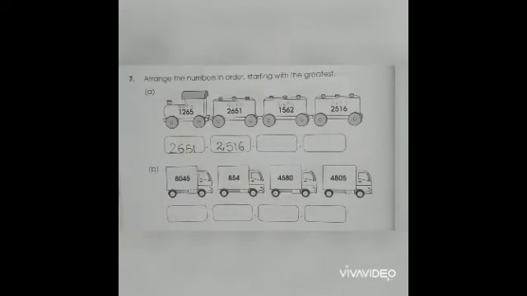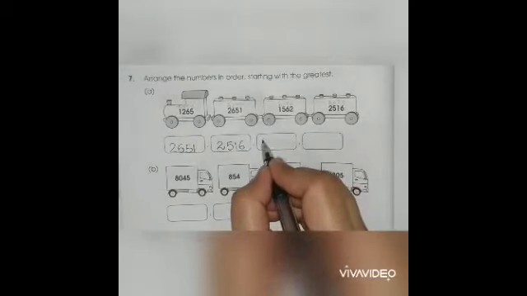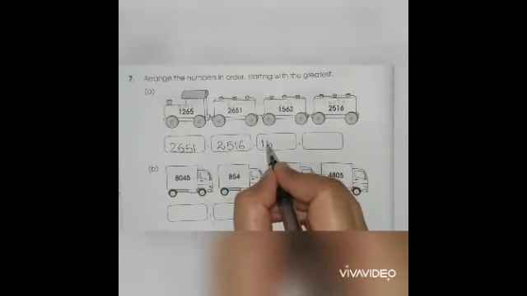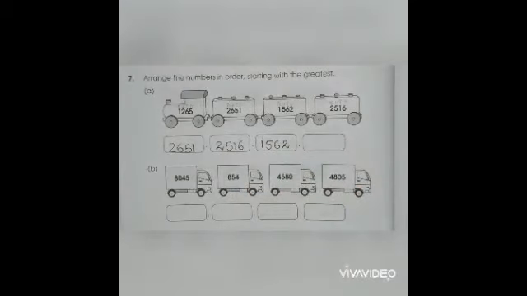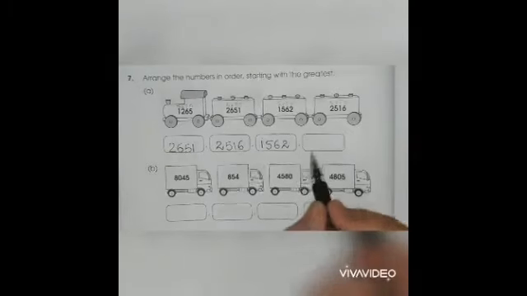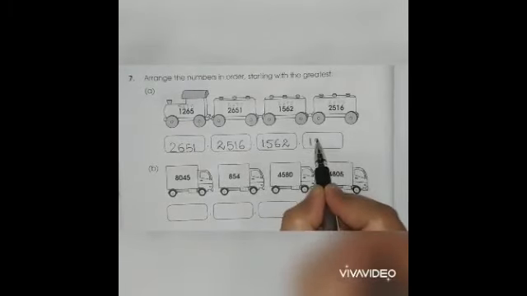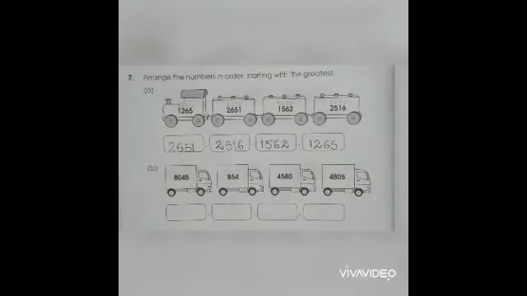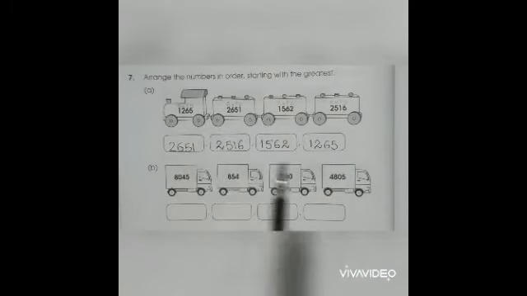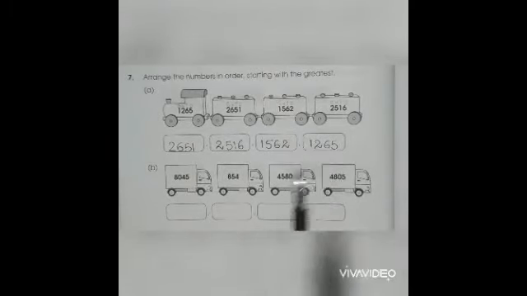We'll write this number at the third place, 1,562. Now the last number that is left is 1,265. In this way, we have arranged the numbers from the greatest to the smallest.